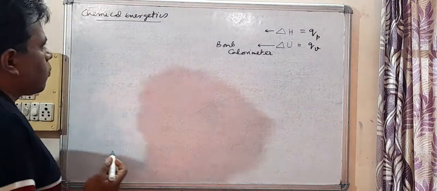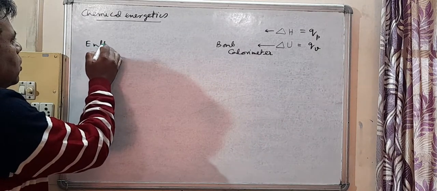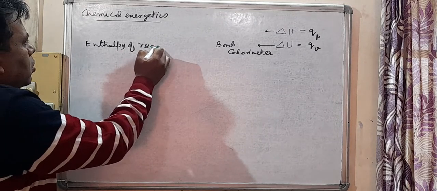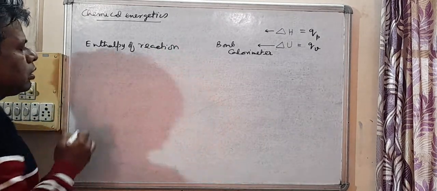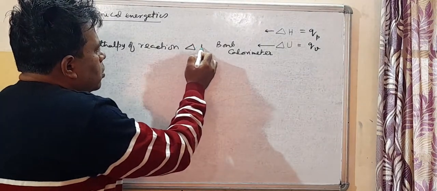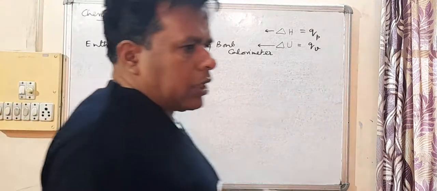Okay, now today what we are doing is first of all enthalpy of reaction, which is written as delta HR, enthalpy of reaction.